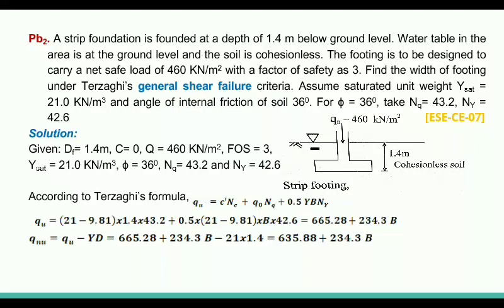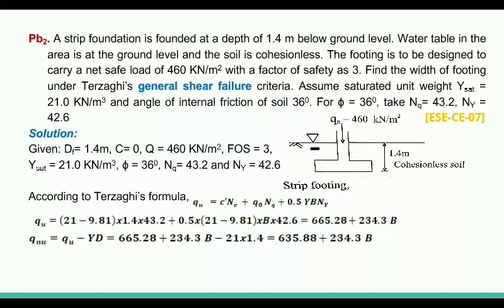So what is the overburden pressure? Overburden pressure is the saturated unit weight times the depth of the foundation, right? So in place of gamma we write gamma saturated, times the depth of foundation, that is 1.4.